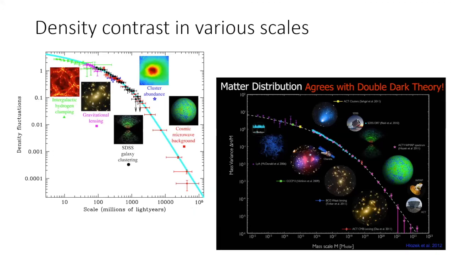So I'll just put together what we have learned about the large-scale structure evolution, and I took this picture from Professor Premadi's talk yesterday, which summarized the various structure scales from the very small to the largest. This is the mass scale.